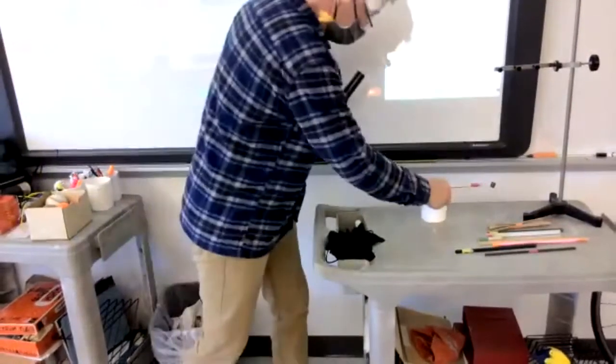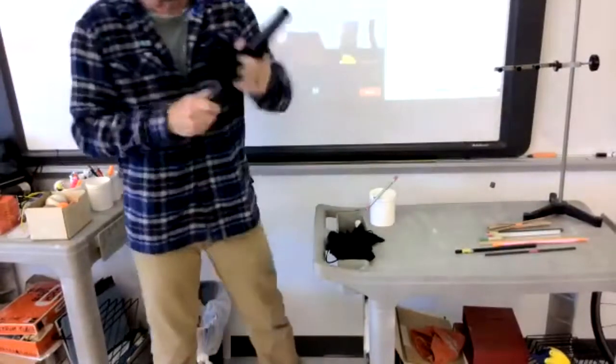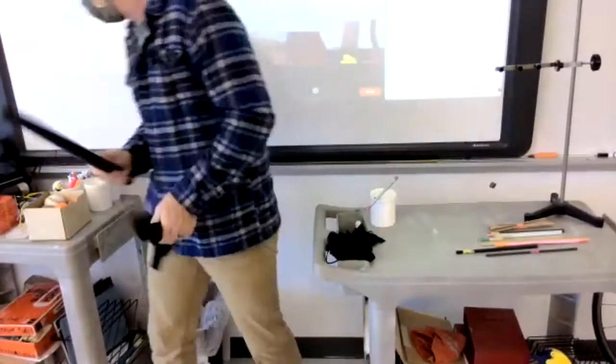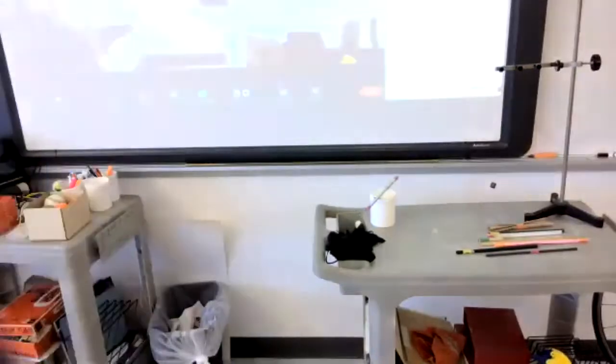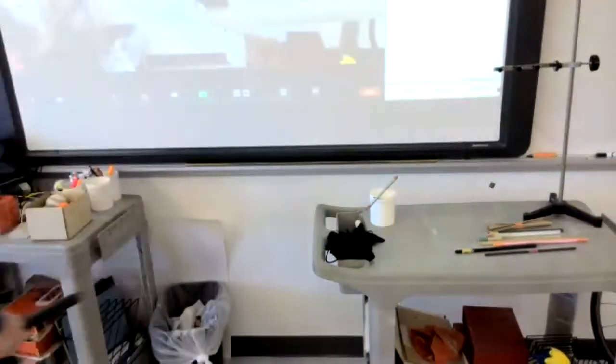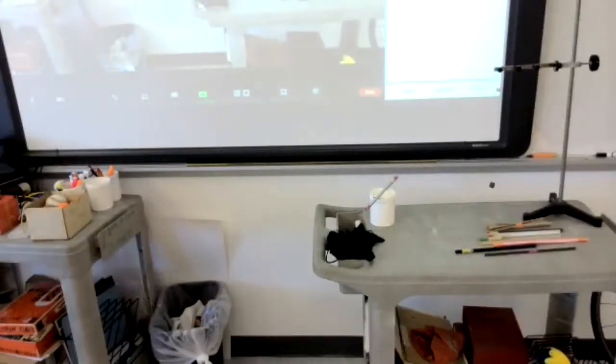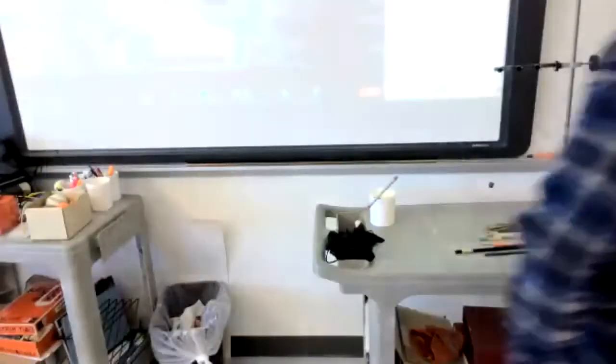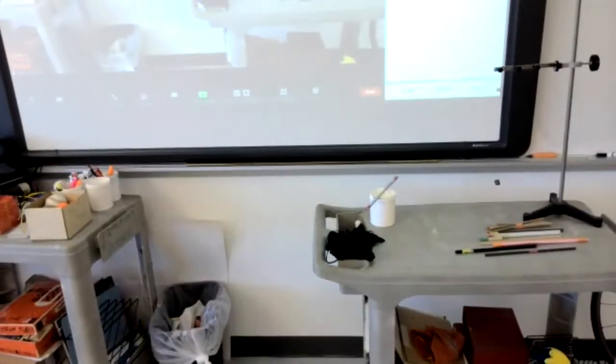So, to remind you what the fifth ball will look like when I just approach it with a net charge. Here's my tool. I hear it crackle.